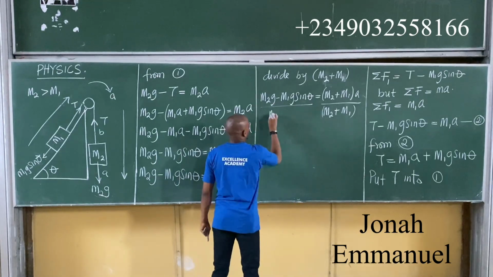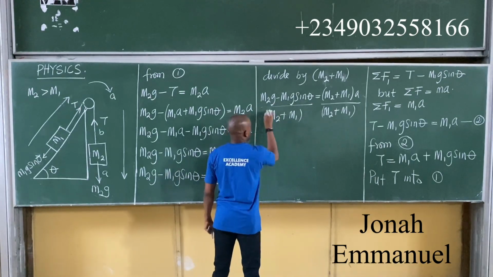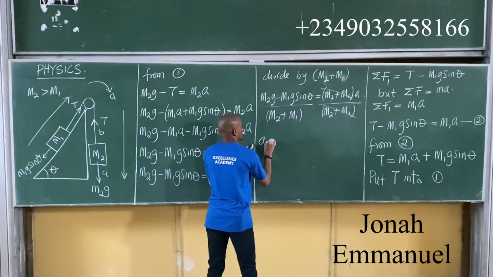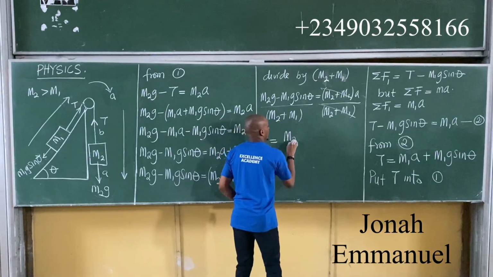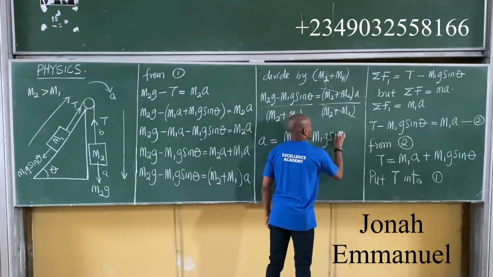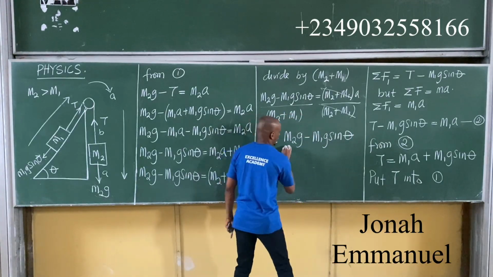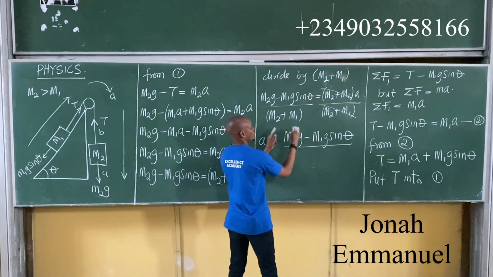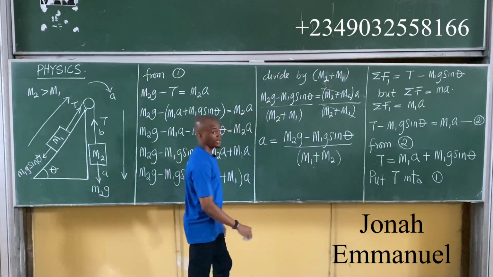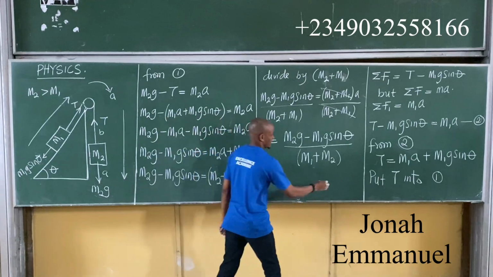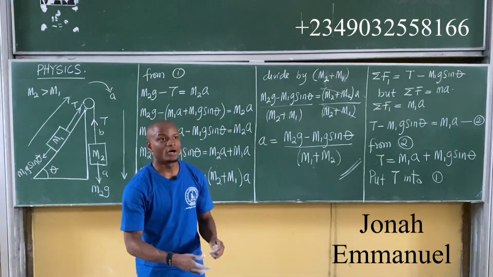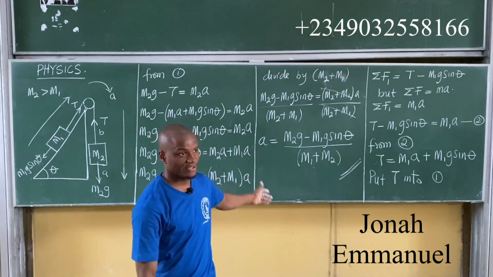Divide this by M2 plus M1. From here, this cancels this. So it means that acceleration a is equal to M2g minus M1g sin theta all over M1 plus M2. You can say M2 plus M1, same thing. This now becomes what I was asking for, the acceleration of the system. So that's how you find acceleration.